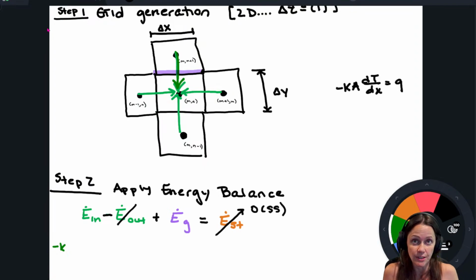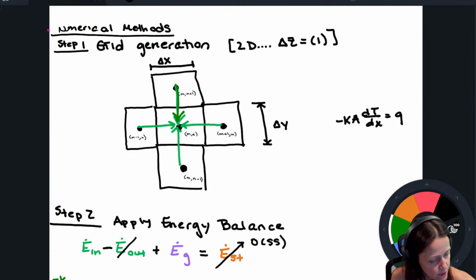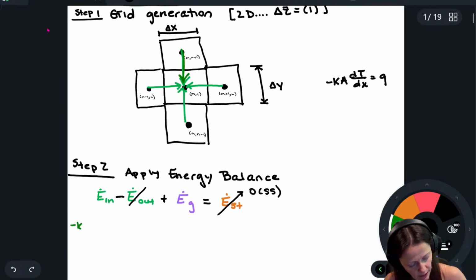It's delta x times into the screen times this 1. So let's write that: negative k times delta x times 1. That's the area through which it's going.